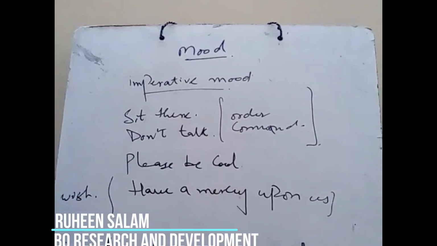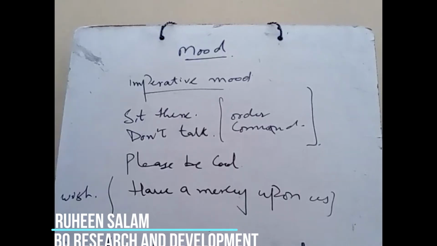Now these very sentences are the part of imperative mood, in which we are commanding something, we are wishing for something, we are requesting someone, we are giving advice to someone that kindly take your medicines on time, it's too cold, just wear the jacket or the cap.